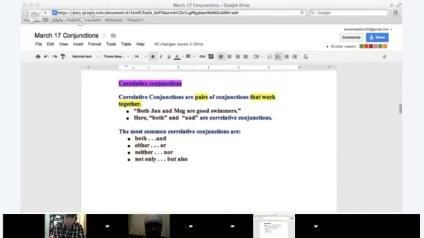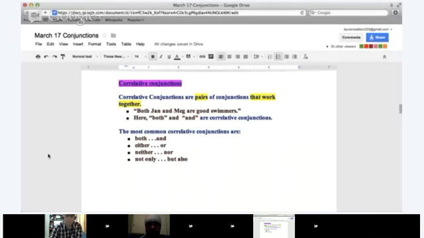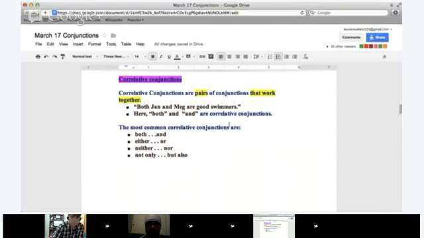Okay, who would like to read correlative conjunctions? Would anyone like to read those for me? Osgur, what about you? Okay, can you start reading correlative conjunctions? Okay, I'll try.